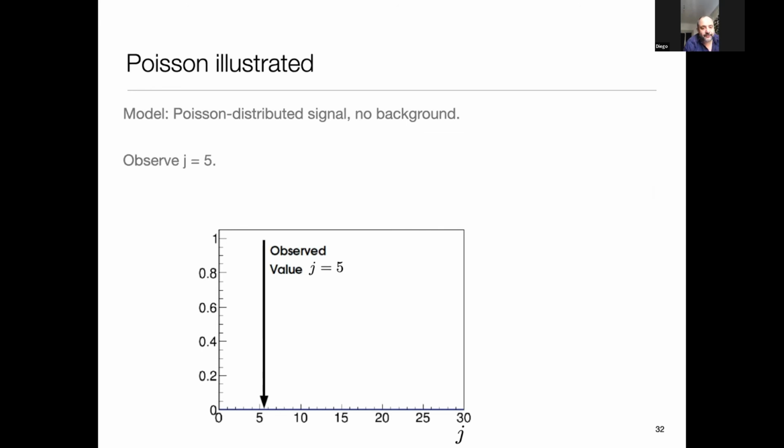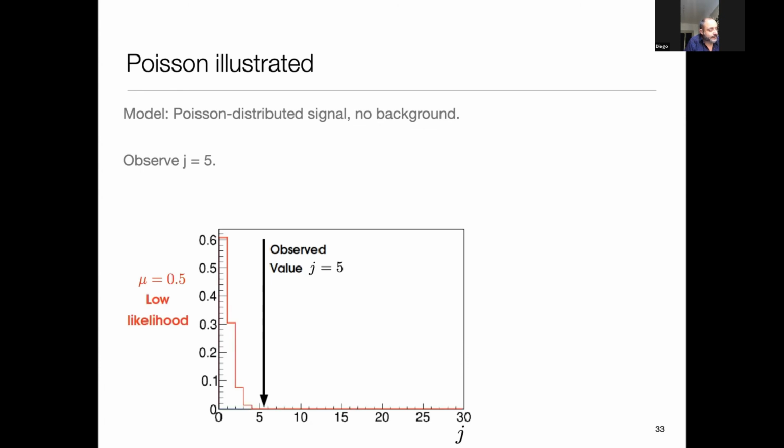So what happens when you maximize the likelihood? Well, this is a picture, I hope it helps. You have an observed value, j equal 5, and then you want to maximize the likelihood given those data. So suppose that you do it by trial and error, and you try, what is the likelihood for my data if mu is equal 0.5?